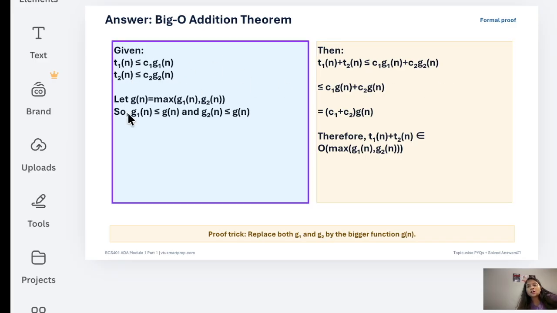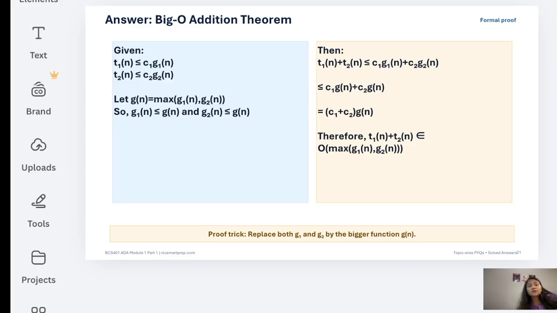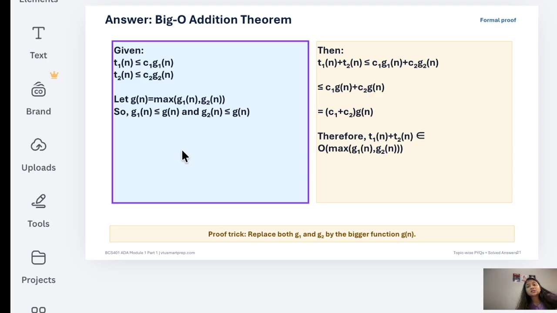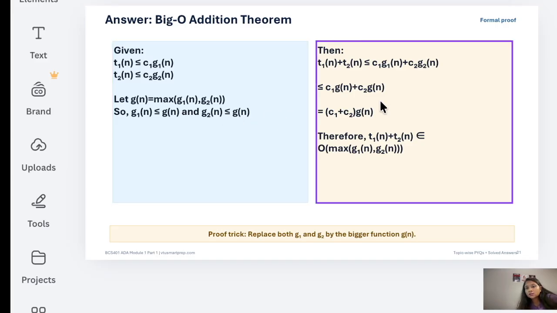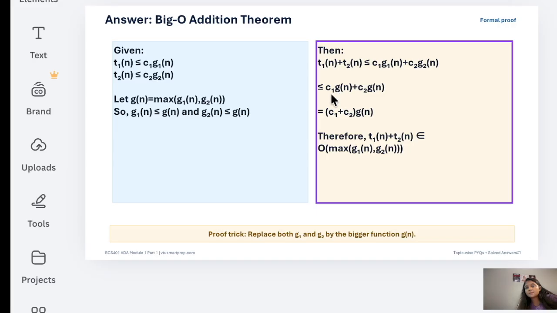Clear? Now, since we know that g1 of n is less than or equal to g of n and g2 of n is less than or equal to g of n, I am going to substitute g of n for g1 and g2. So here you can see c1 of g of n plus c2 of g of n.